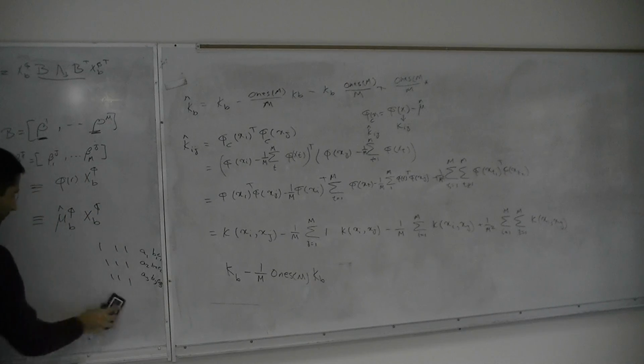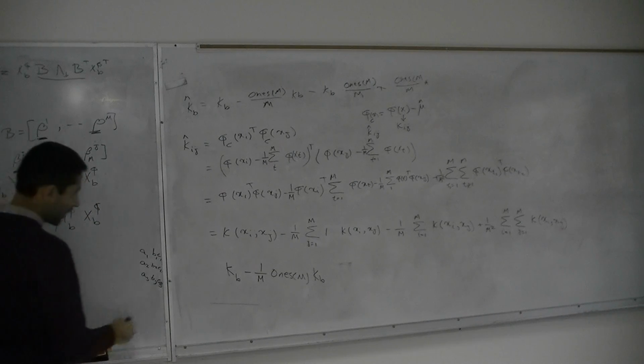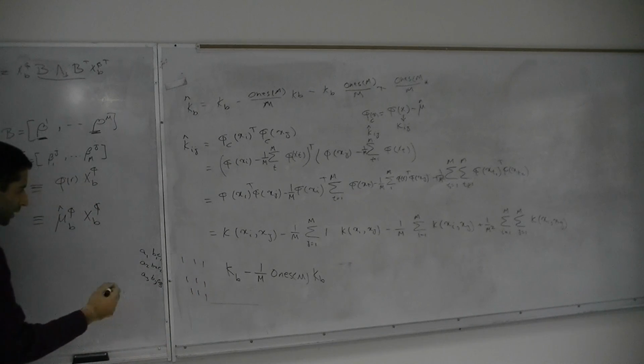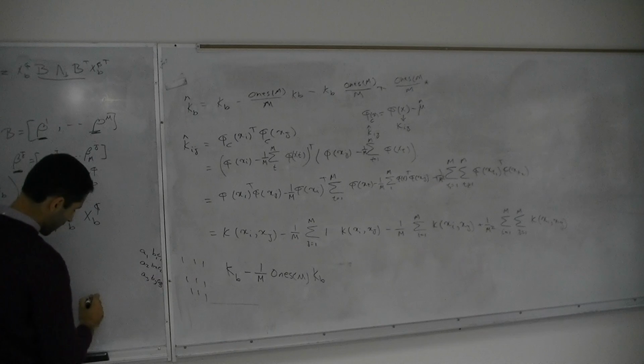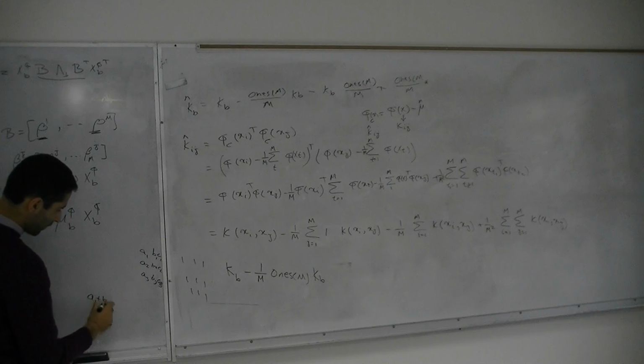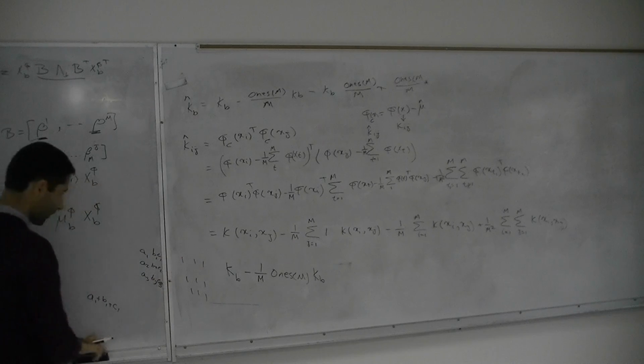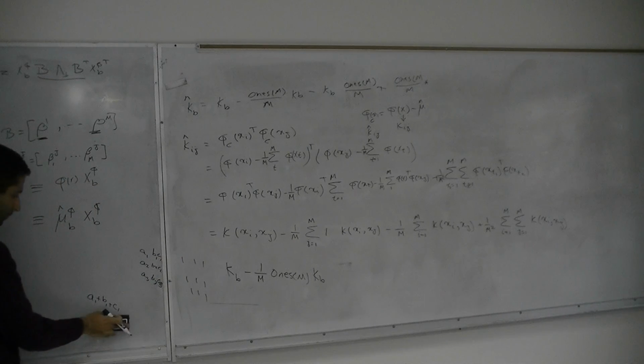And if we move the ones here and do the multiplication again, it's A1 plus B1 plus C1, and this is the summation of one row, okay?